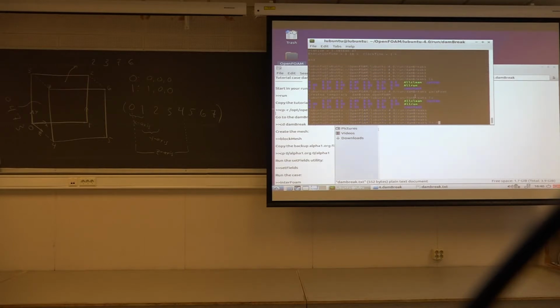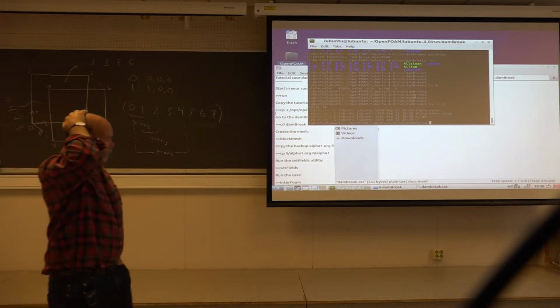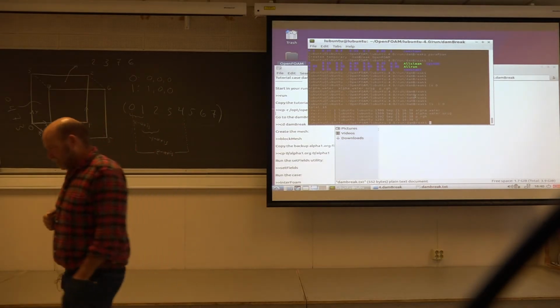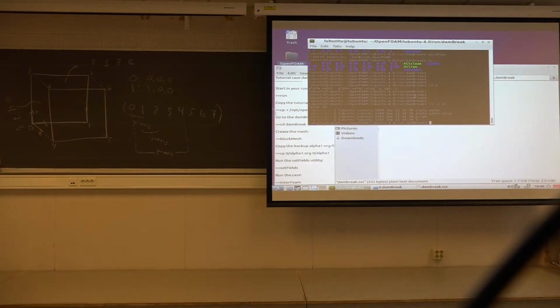Inside this 0 folder, ls -l 0, we have some files. One is called alpha.water, another one is called alpha.water.orig. And what it does is specify where in this domain we should have water, where we should have air.